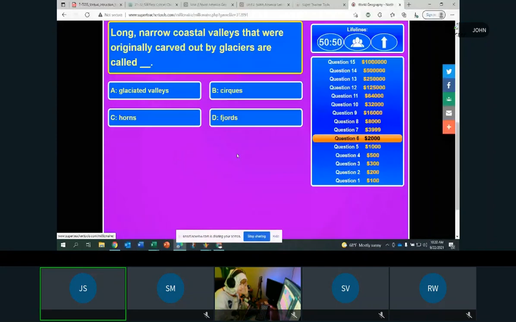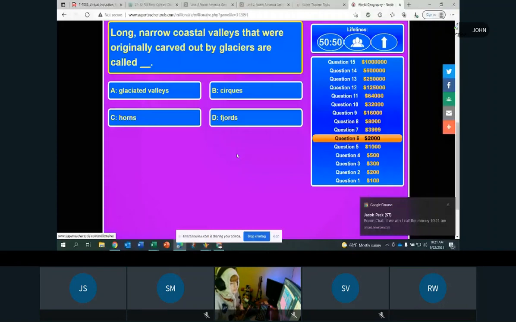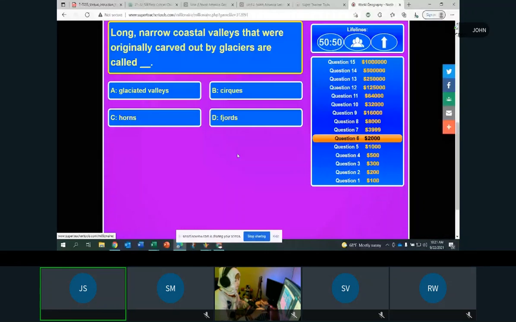Okay. Long, narrow coastal valleys that were originally carved out by glaciers are called glaciated valleys, cirques, horns, or fjords. I wish I could give you the money, but no. Okay, so we're calling them glaciated valleys.